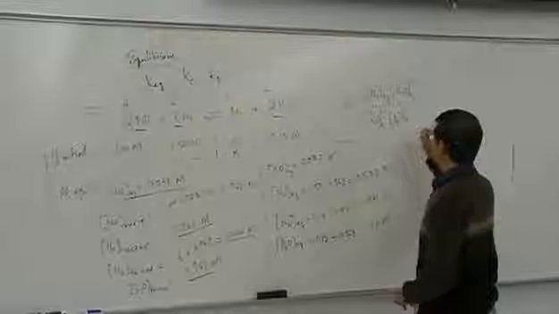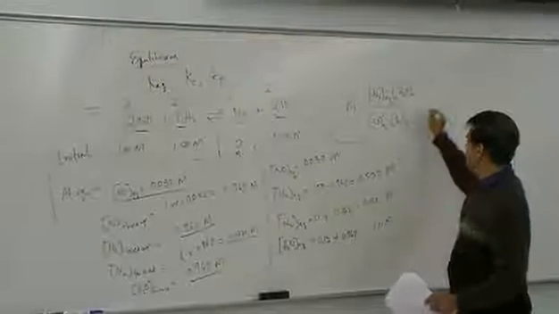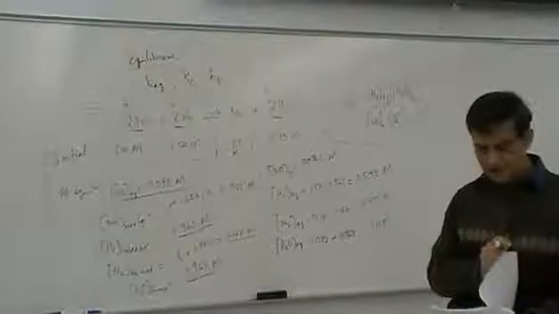So basically you plug in your numbers, and these are the numbers. Just plug in, and that will give you the final answer of Kc, if the question is also asking for the Kc value.